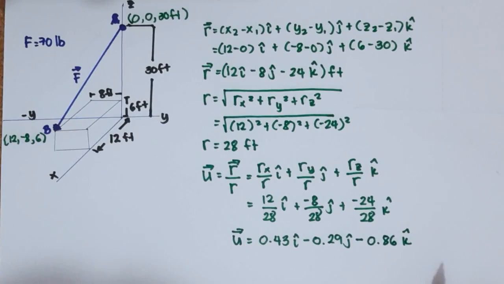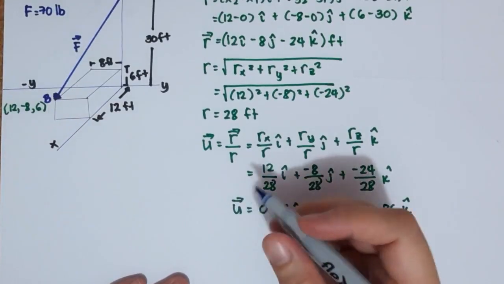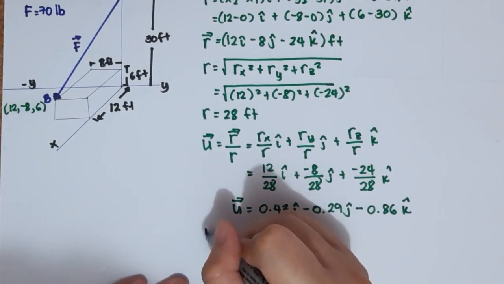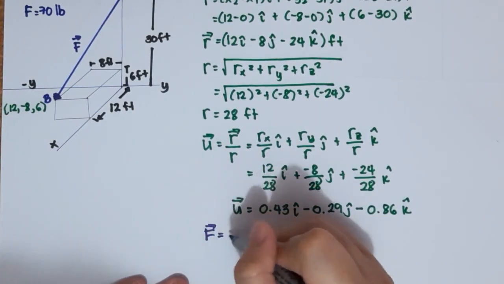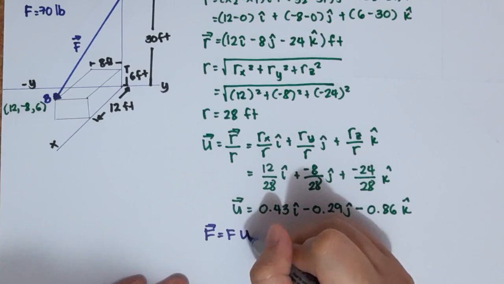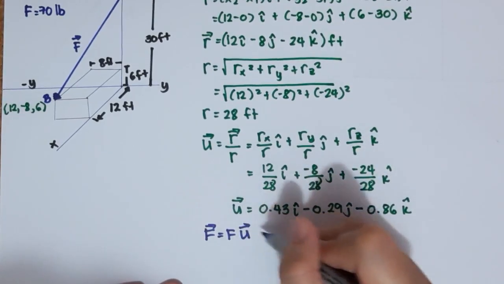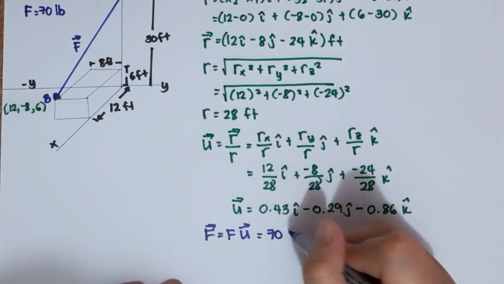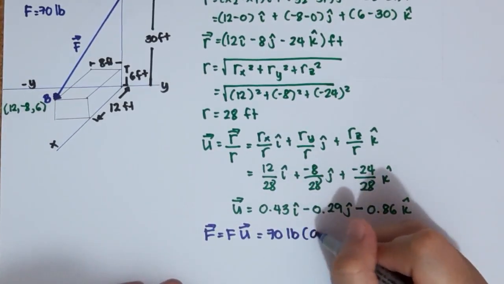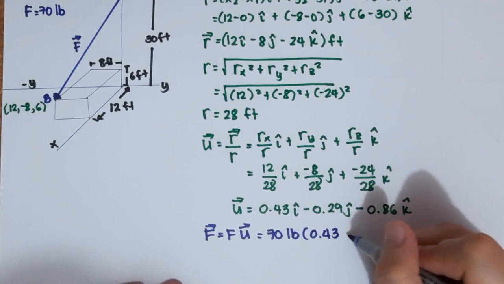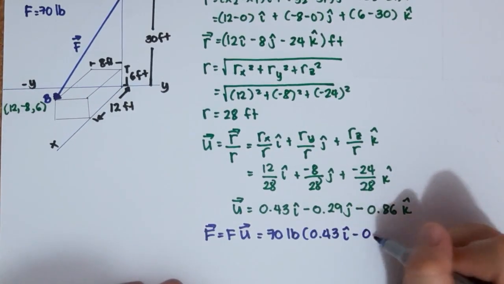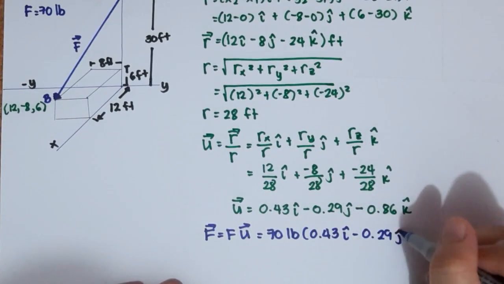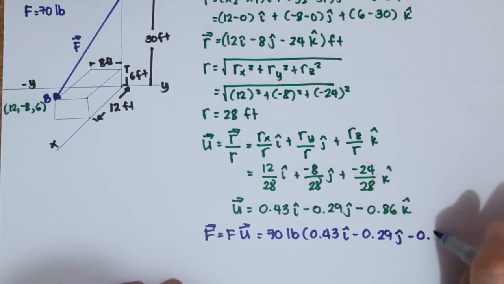So we will now use our unit vector to find our force. So force is equal to F times its magnitude times its unit vector, u, which is this. So that will be 70 pounds, that is the given, times 0.43 i hat minus 0.29 j hat minus 0.86 k hat.